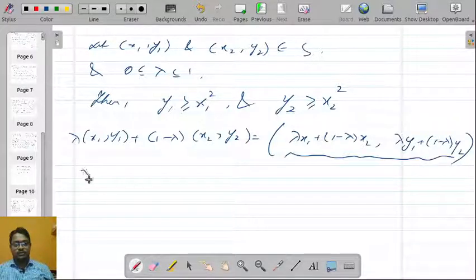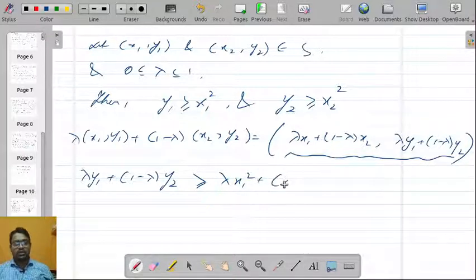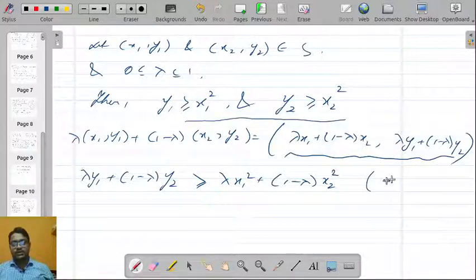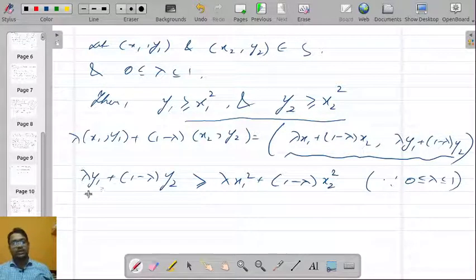Say now λy1 + (1 − λ)y2 can be written as greater than or equal to λx1 square + (1 − λ)x2 square, by this inequality, since 0 ≤ λ ≤ 1. Lambda is a non-negative number, 1 − λ is also non-negative, so we can apply these two inequalities.